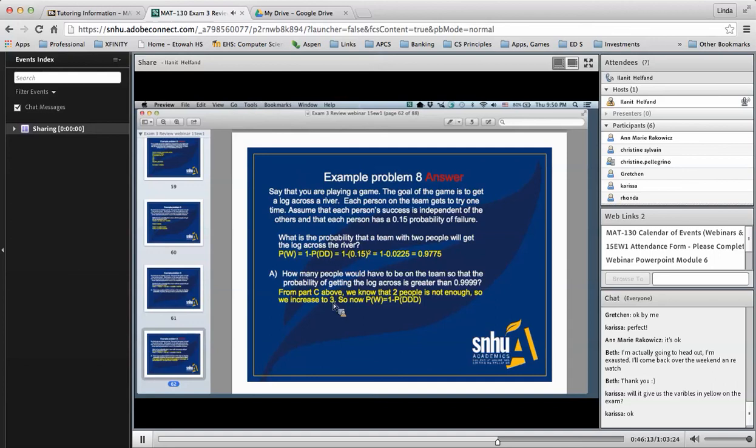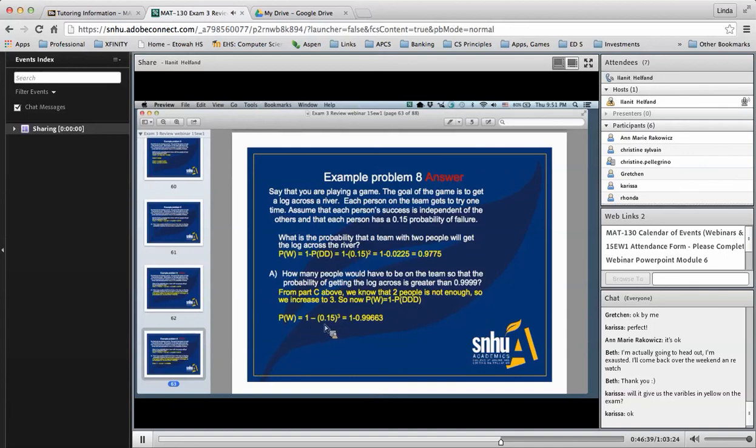So now that we have 3 people on the team, the probability of winning is 1 minus P of D, because now the only possible way to lose is for all 3 people to drop it. So winning is any situation except for 3 people dropping it. If we calculate that, it would be 1 minus, and each D is going to give a 0.15.